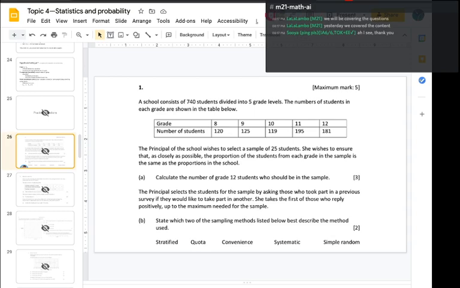Yeah. So the first question is for Excel, to calculate the number of grade 12 students who should be in the sample, right? So do this.